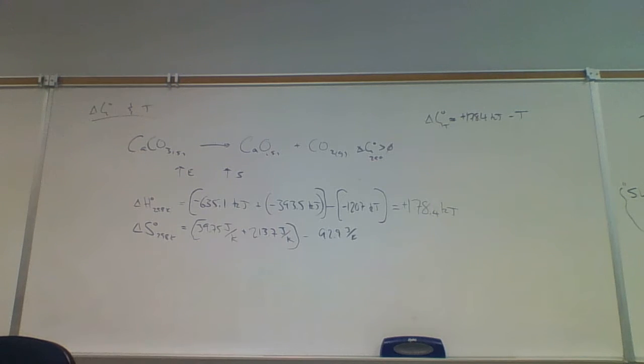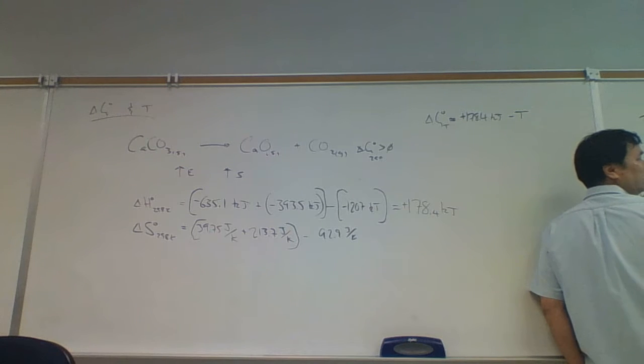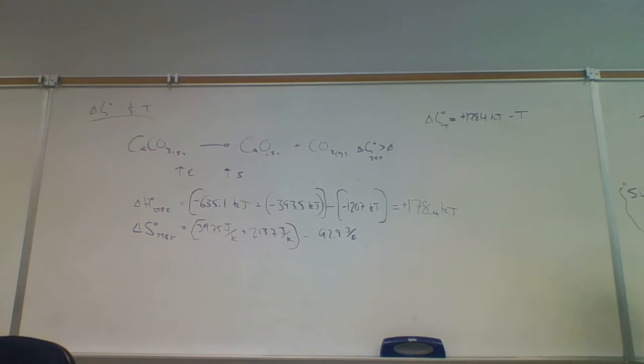Trouton said that delta S of vaporization is 87. So I just said, hey, it's about 100. What does Trouton say? No, it's about 87. 87 joules per Kelvin. Wow, that's precise.